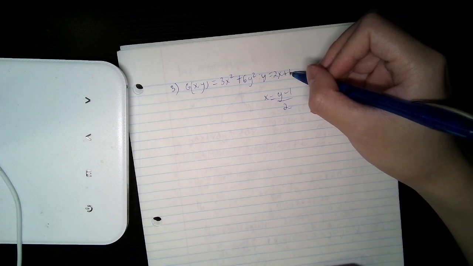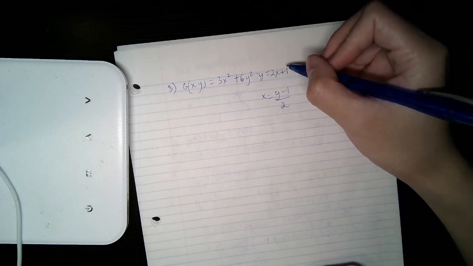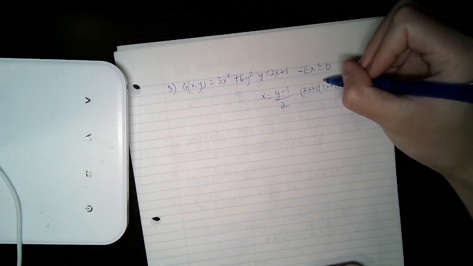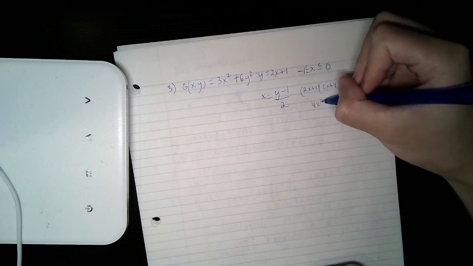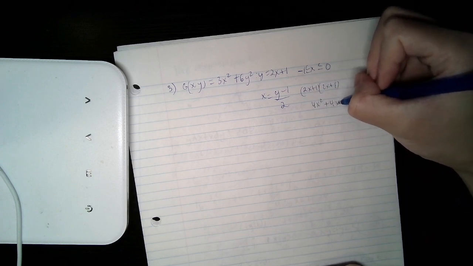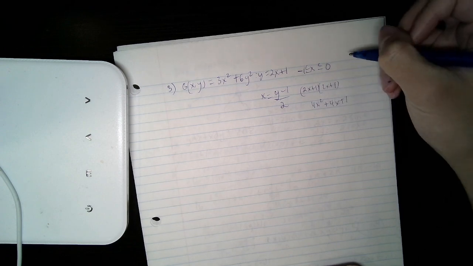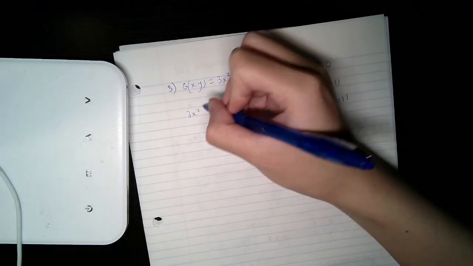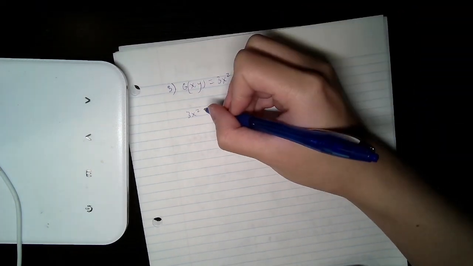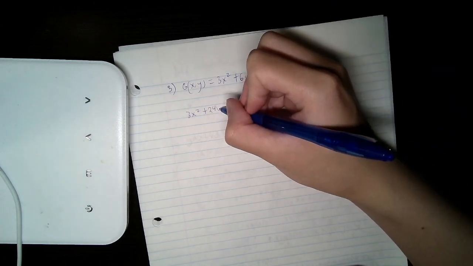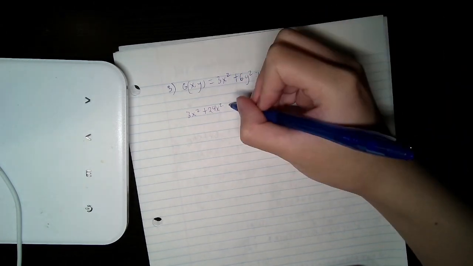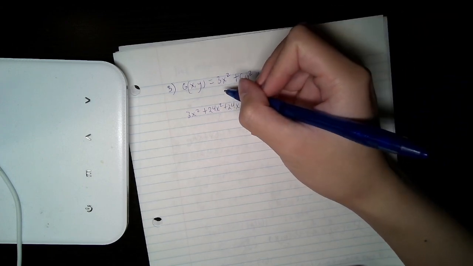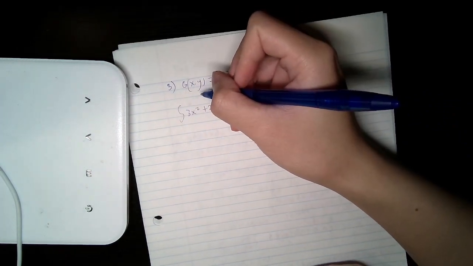I think you're supposed to plus square. Three x squared plus 6. Okay, and I enter.